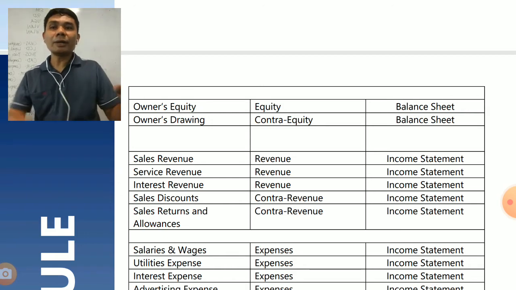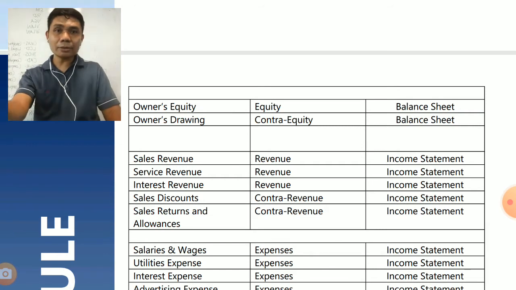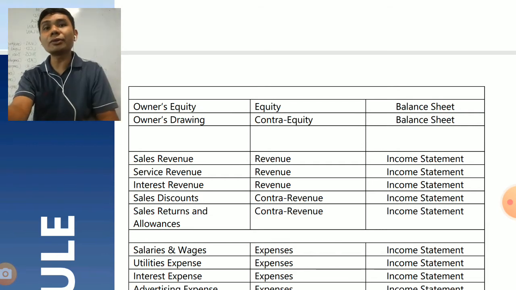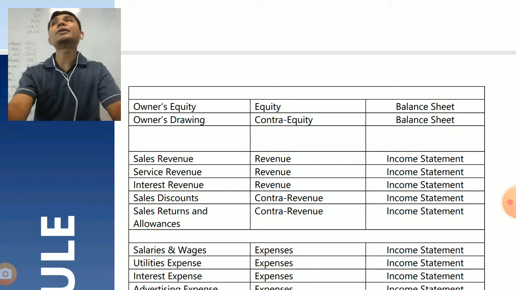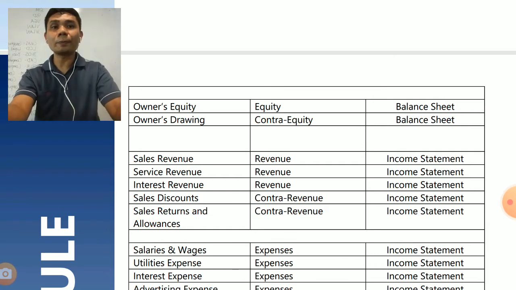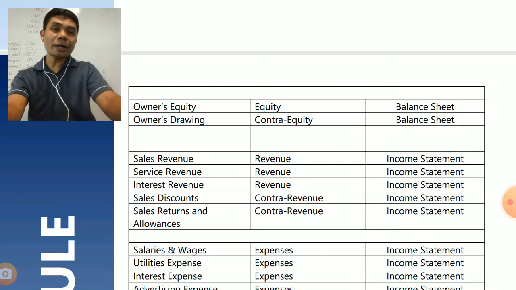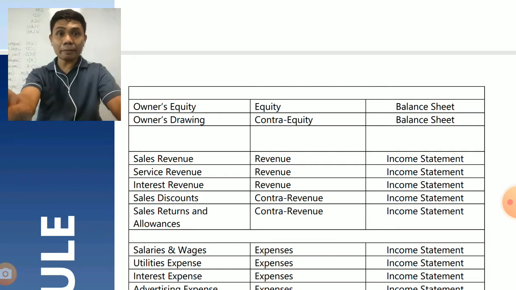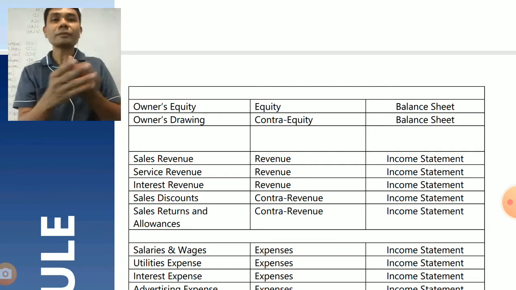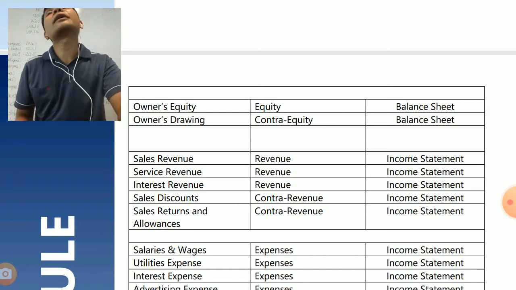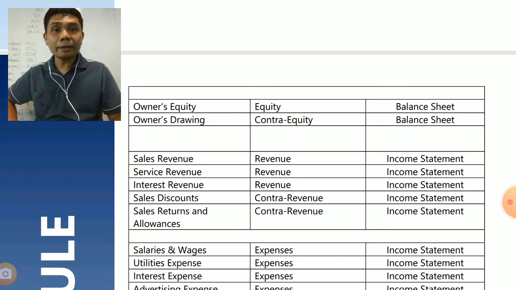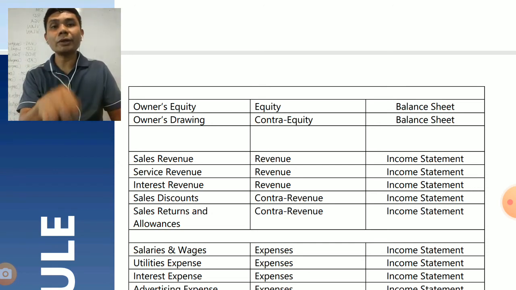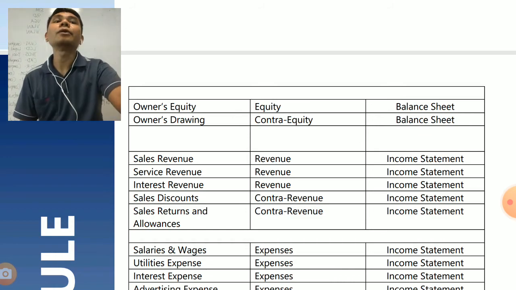So sa una nga gibaligyaan nimo ang customer, nag-recognize ka og sales revenue ato, di ba? So pag-uli sa pan, dito na dayon ka mag-recognize og sales returns and allowances, and that is contra revenue. Remember, ang revenue has a normal balance of credit. Remember that, di ba? Sa previous discussion. So, kung kining mga contra revenue, pagkangalan nga contra, credit man ang revenue nga normal balance, so kining mga contra revenue, debit ni siya. Yeah, ang normal balance. Okay?